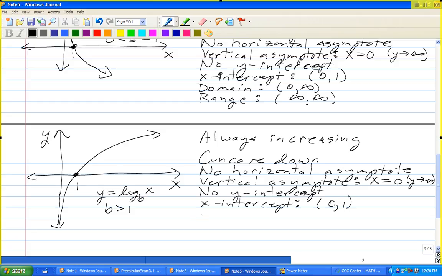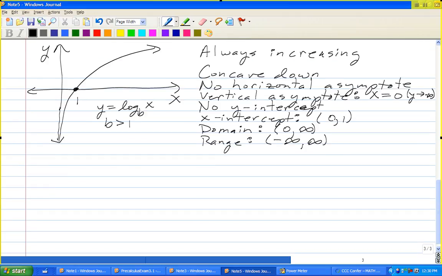The domain is the same. You can't have negative x values nor x equaling 0. And the range is the same. It's everything. Negative infinity to infinity. Okay. Good.